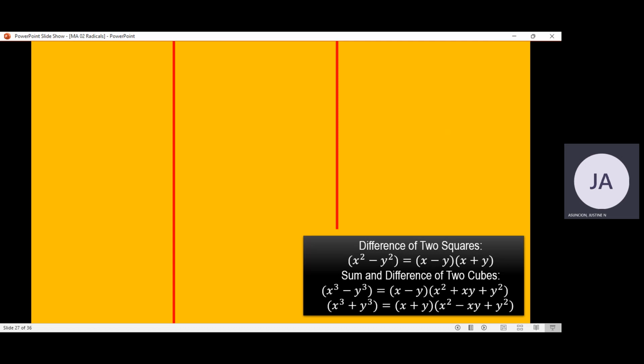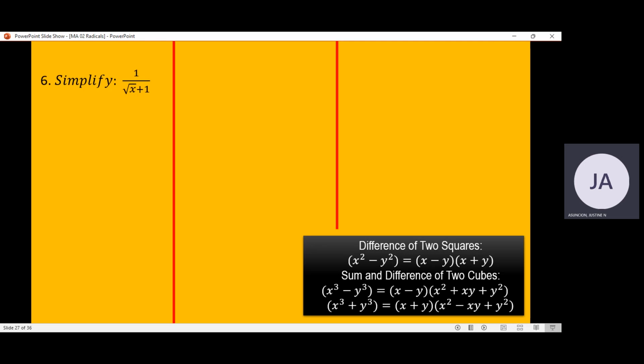For instance, number 6, 1 over the square root of x plus 1. So as you can see here, if we multiply both the numerator and denominator by square root of x plus 1, we cannot eliminate the radical in the middle term, right?